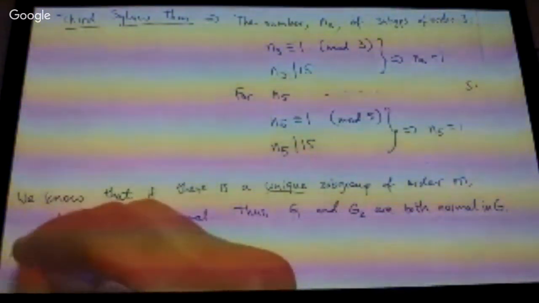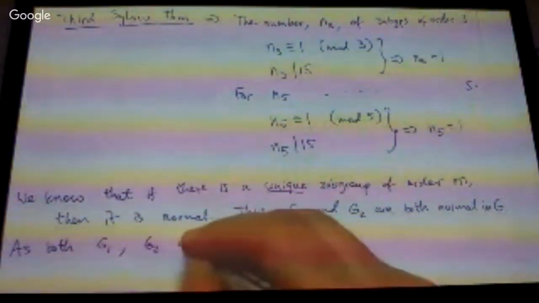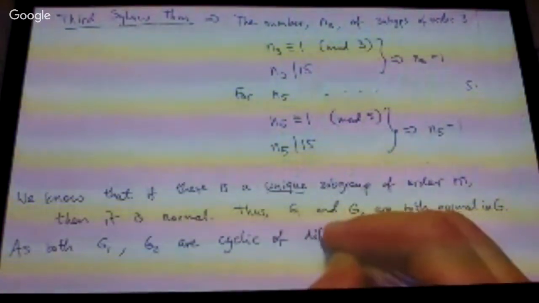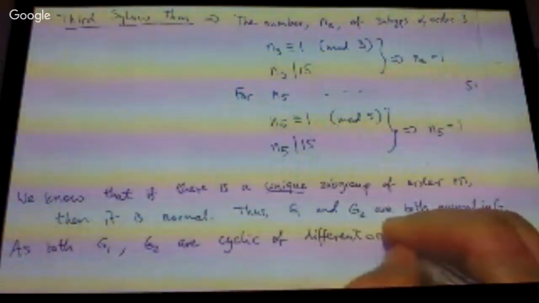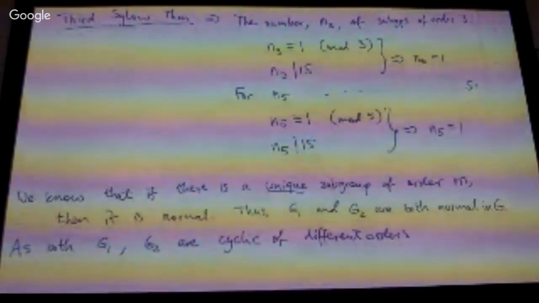So G1, G2 are cyclic of different orders.